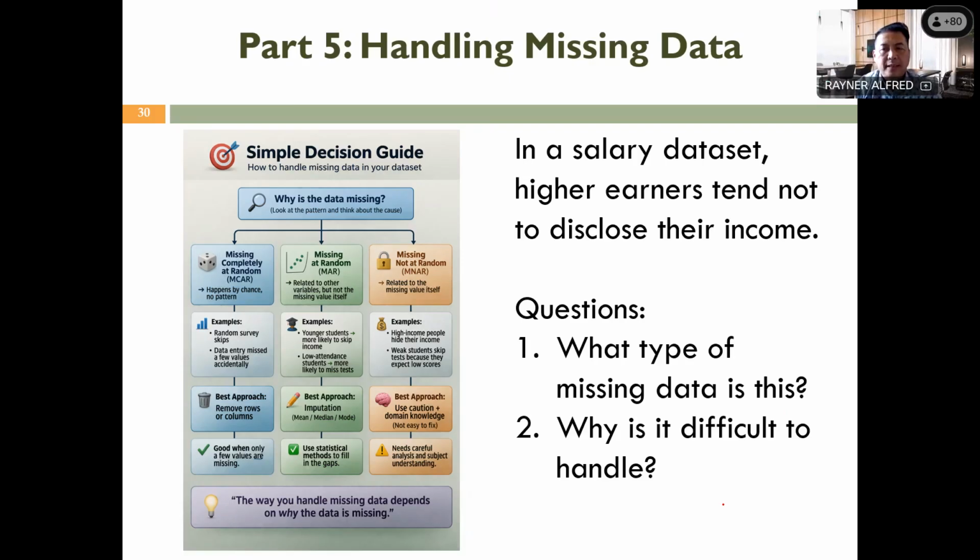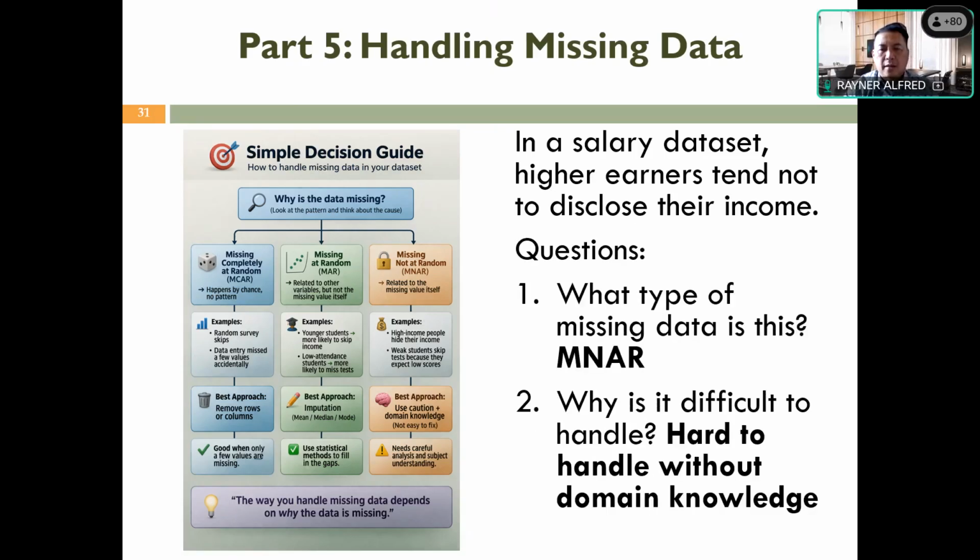So missing not at random. For this one, it is difficult to replace or handle them because we need to do some background checking.